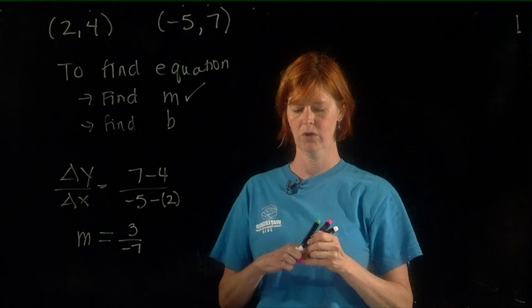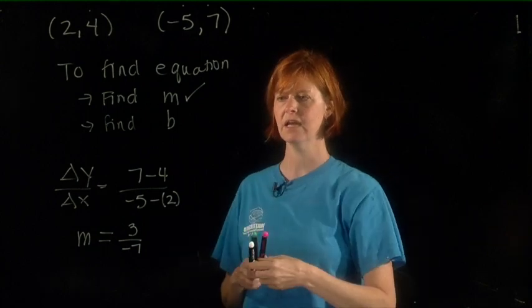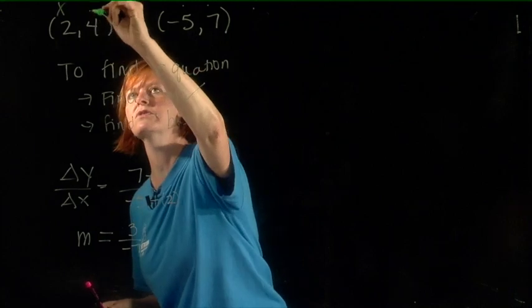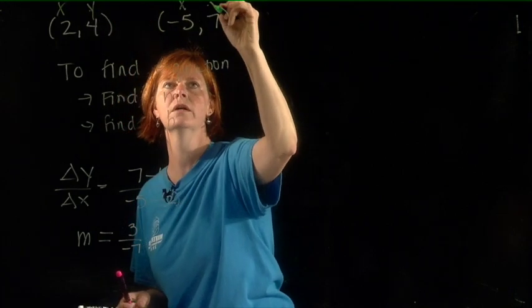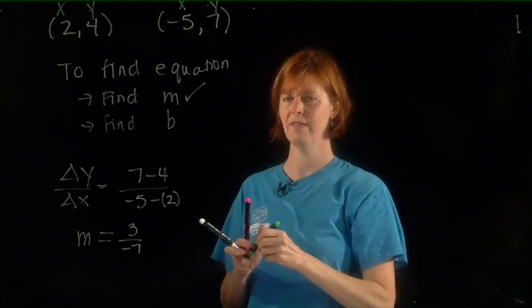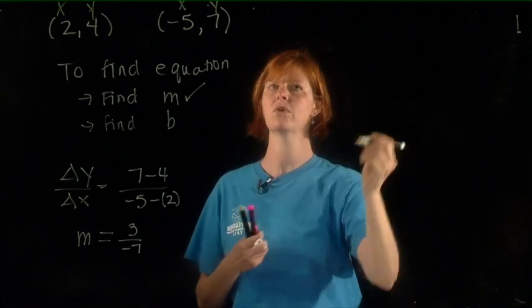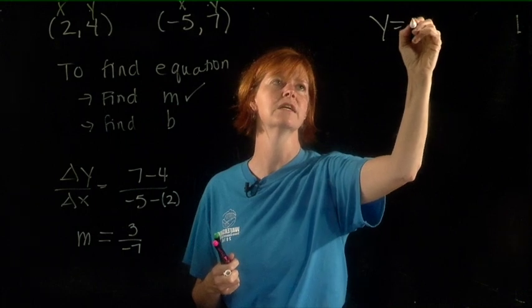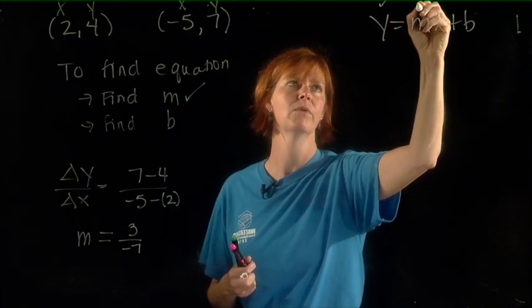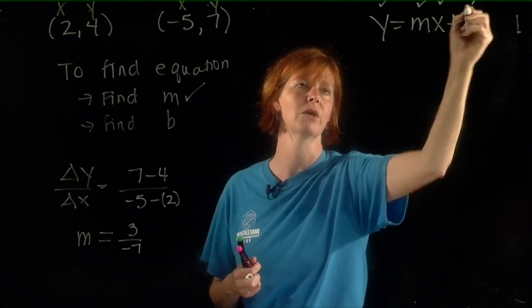Now, how did I find b last time? Well, I took one of the points, and it doesn't matter which point. You can use this one or this one. And you use your m, which I have right here, and that'll be how you find b. So remember, you keep going back to y equals mx plus b. We have this, we have this, we have this, and we don't know that.